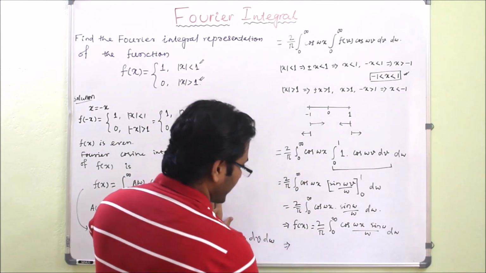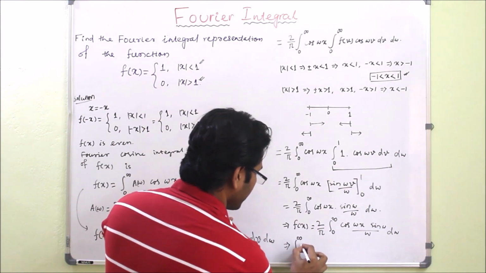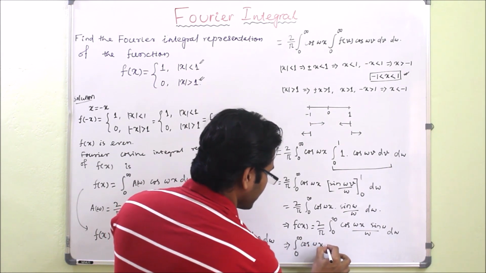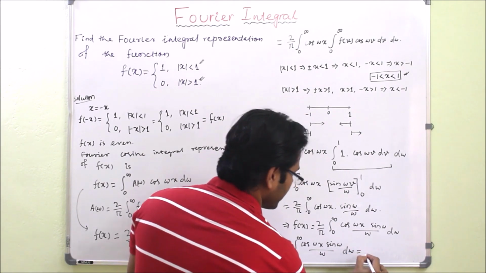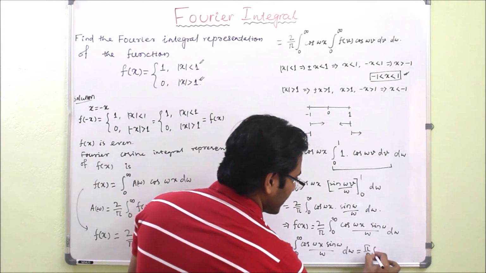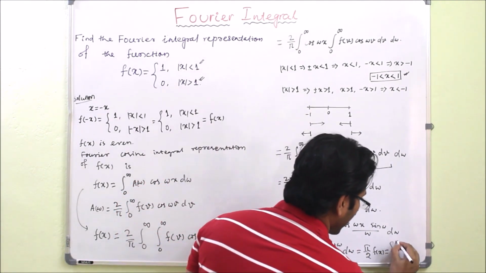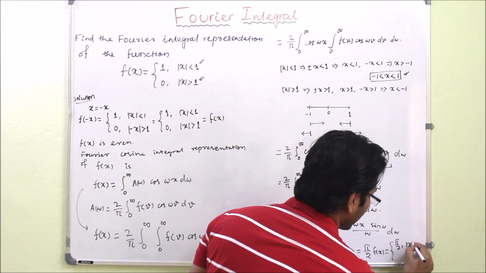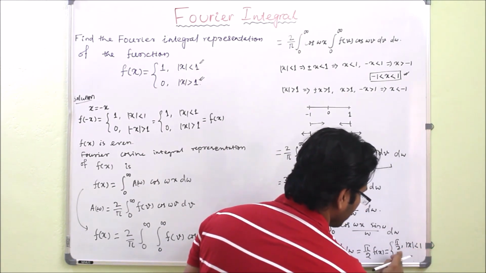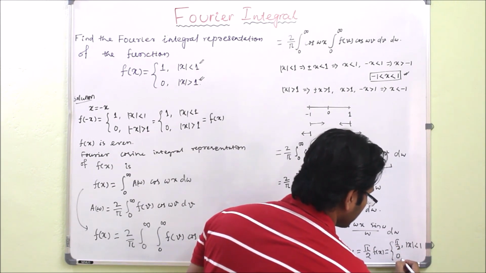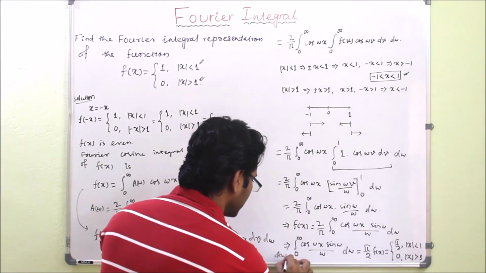If we take 2 by pi to the left, this integral from 0 to infinity of cos wx sin w divided by w dw equals pi by 2 times f of x. But what is pi by 2 times f of x? It is pi by 2 when mod x is less than 1, and pi by 2 into 0, so it is 0, when mod x is greater than 1. So this is our answer.